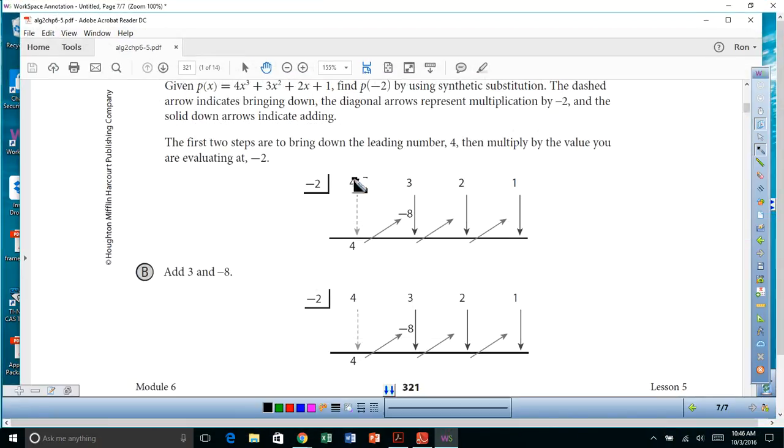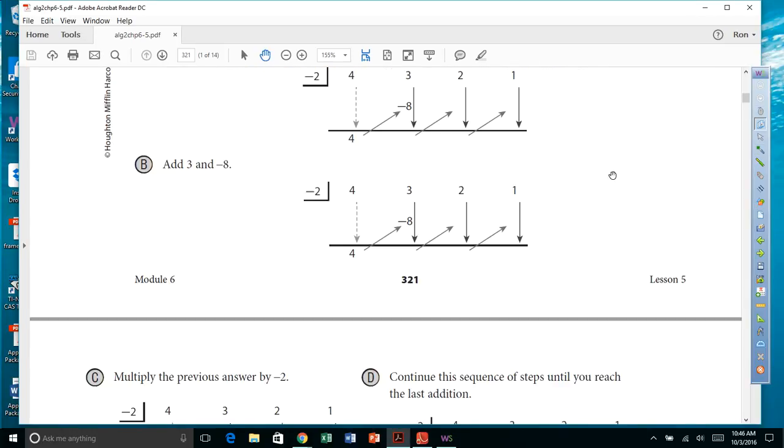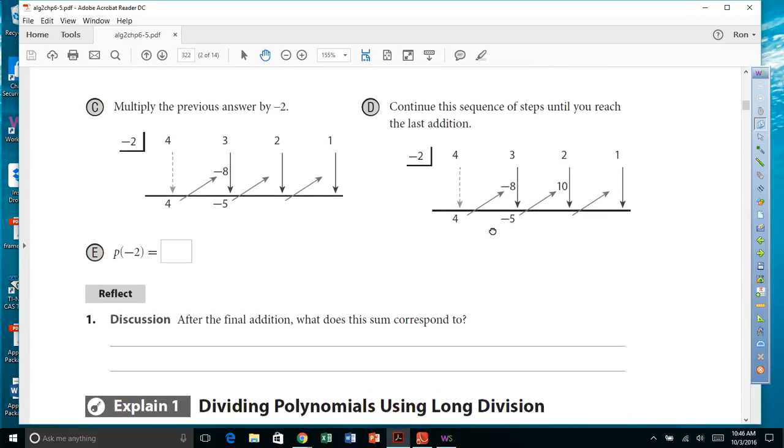So let's do this. First, we bring the 4 down. Then negative 2 times 4 gives you negative 8. 3 plus negative 8 is negative 5. You can see that here.